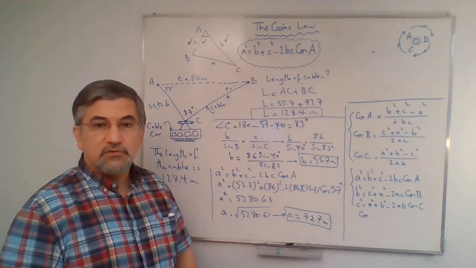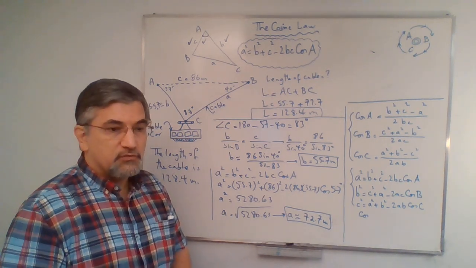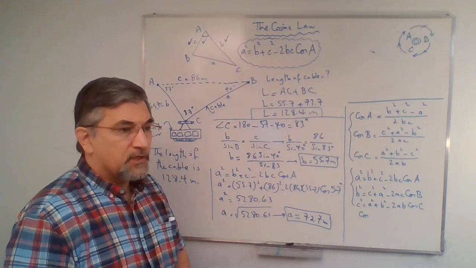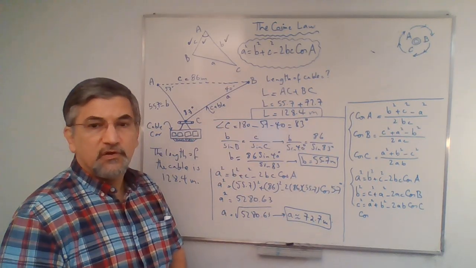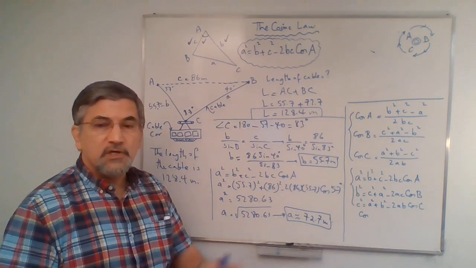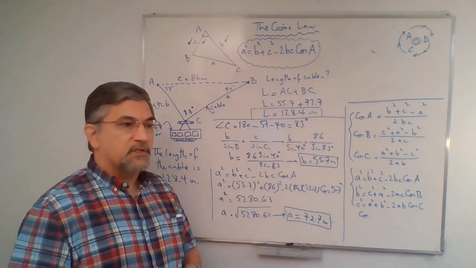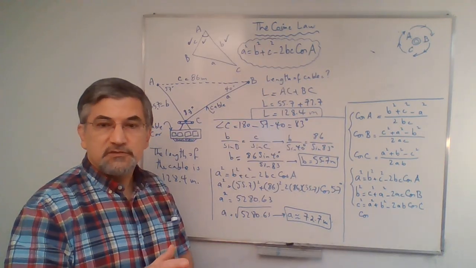So hopefully you keep practicing and studying and doing as many problems as you can. The two major topics of this last unit of the course were sine law and cosine law, which we covered. The rest is up to you to sit down and spend the hours and practice as much as you can.